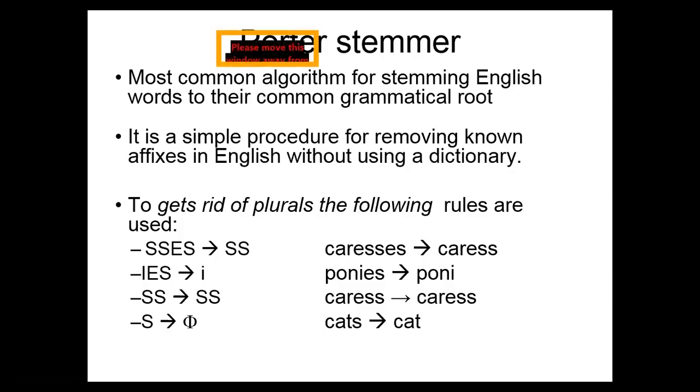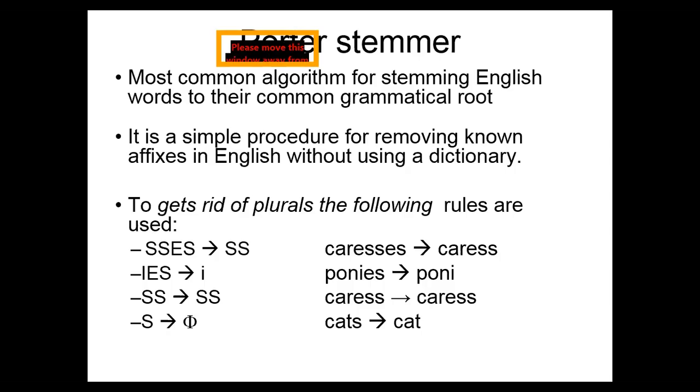In what circumstance we are adding ing, in what circumstance we are adding ed or d, s or es. If you understand the setup of the word and what kind of setup of a word is taking what kind of suffix or prefix, then accordingly we can design a rule in reverse way to apply the stemmer to identify those extra suffixes, prefixes added to the word.